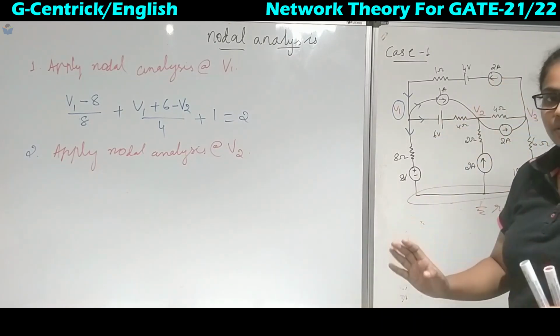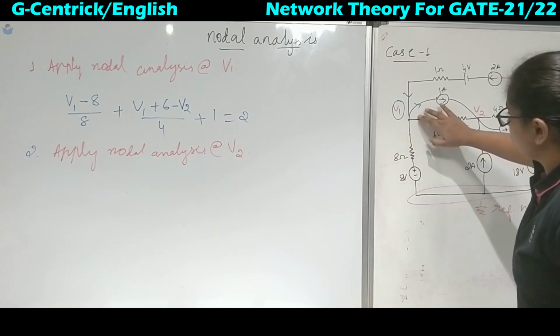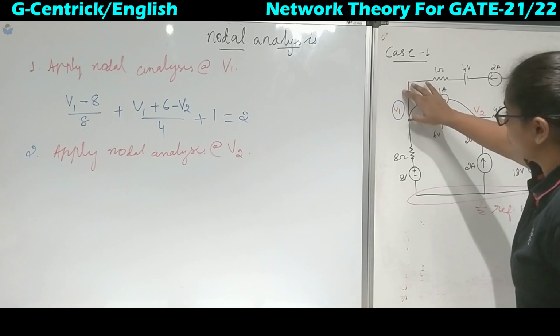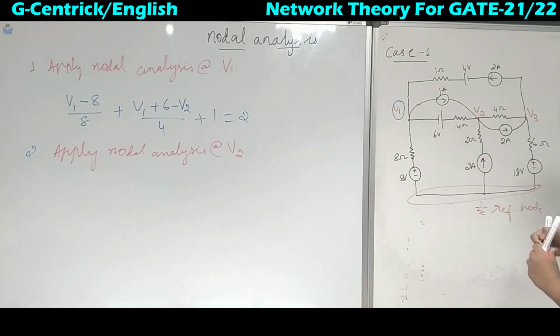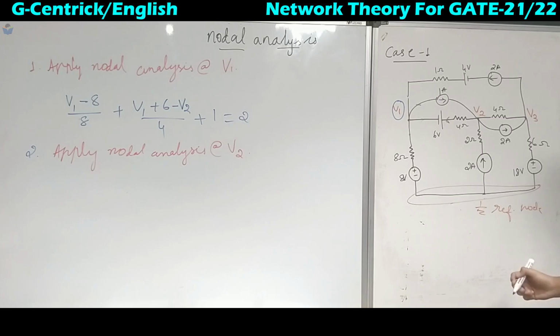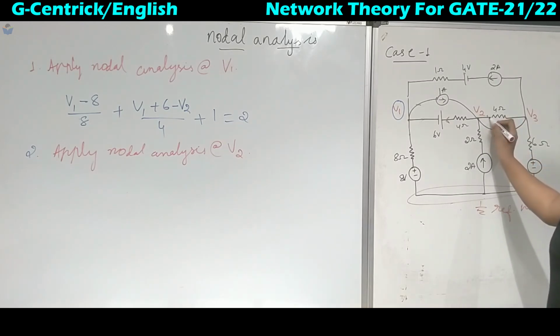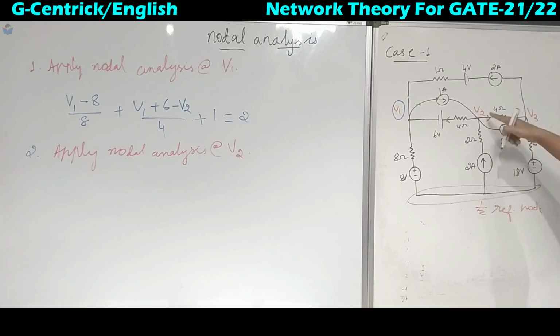So all the previous directions which you assumed for the current, just rub them off. Whichever node you are considering for writing the nodal equation, consider that as at the higher potential. So if you are considering V2 at the higher potential, then mark the direction of current in this way. Similarly here also, and here we do not need to mention it because the current source is already given. Here also the current source is given.